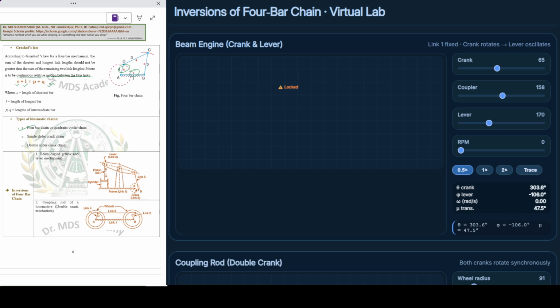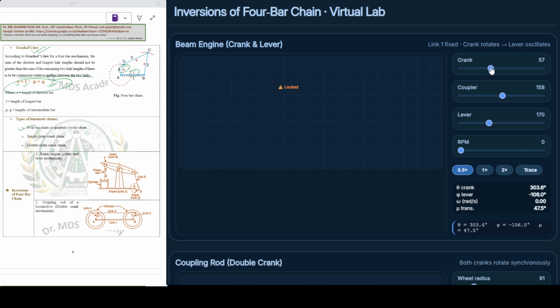If this expression is not followed, then we will get a locked chain. So Grashof's law must be followed, otherwise the mechanism will not work. This was for the 4 bar crank chain in the case of the beam engine.